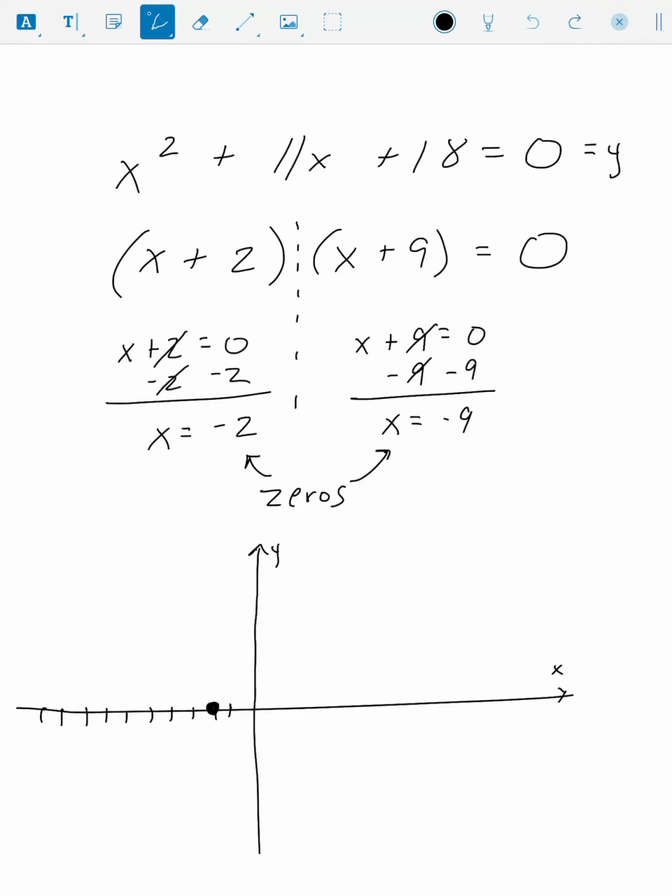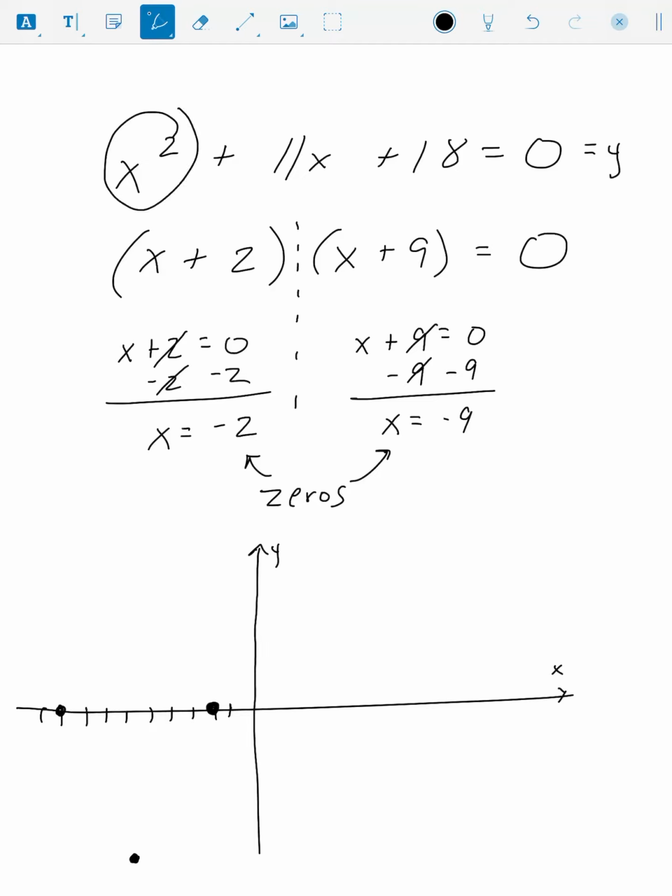Oops, I plotted at -10. There we go. Now I know that my function is actually a minimum that will occur somewhere down here. I'm not sure exactly where it is because I didn't graph it, but I know that it's a minimum because of my x squared term.